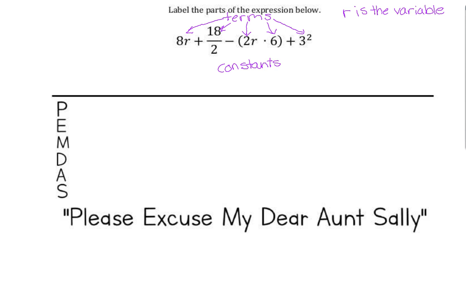Actually, let's write that in a different color. 18 over 2 is a constant, and the 6 and 3 squared are constants. We're not multiplying by a variable, so it's a constant. So this is a constant. These are constants.